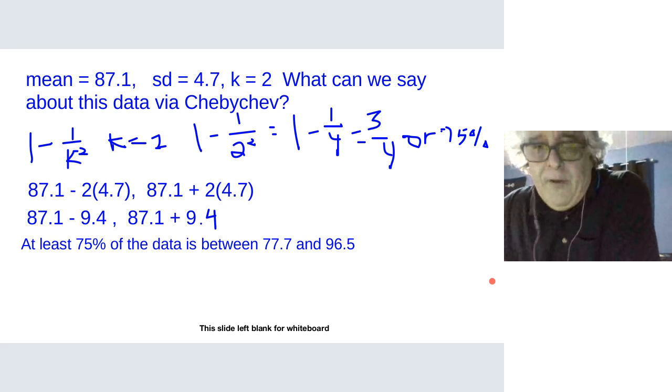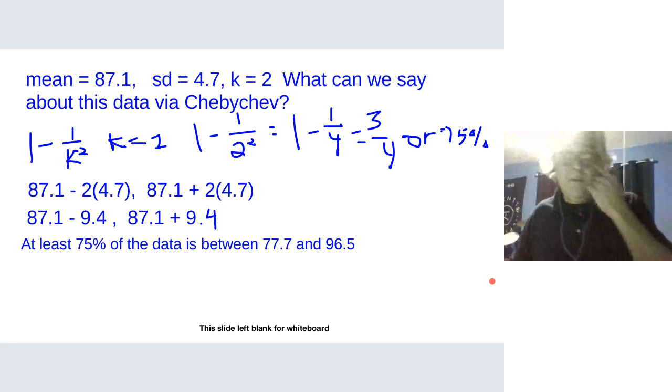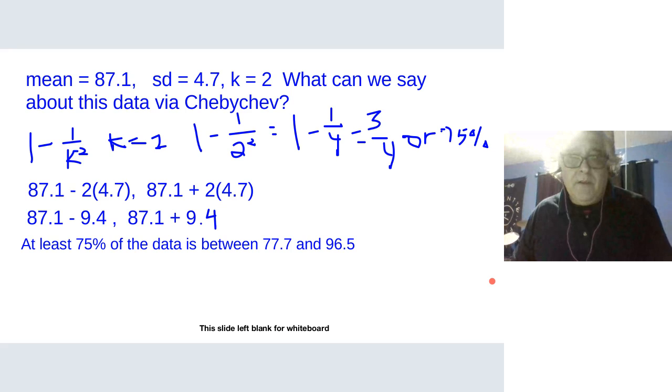That's why with two standard deviations in the empirical rule, you could easily say approximately 95% is between. So this one is a little bit less accurate because it says at least 75% of the data is between these two values. And the at least is the key word that lets you know you're dealing with Chebyshev.